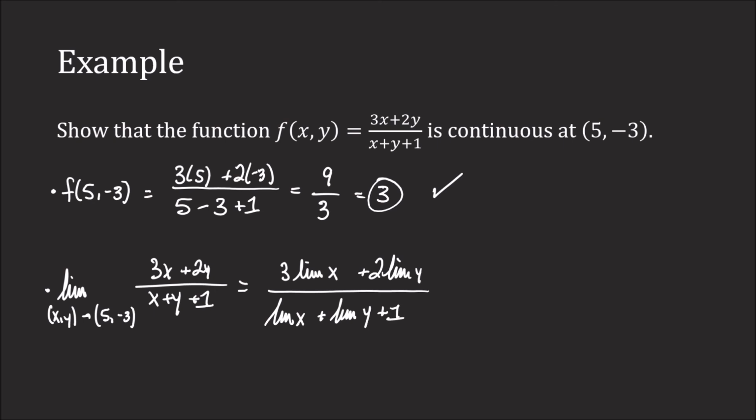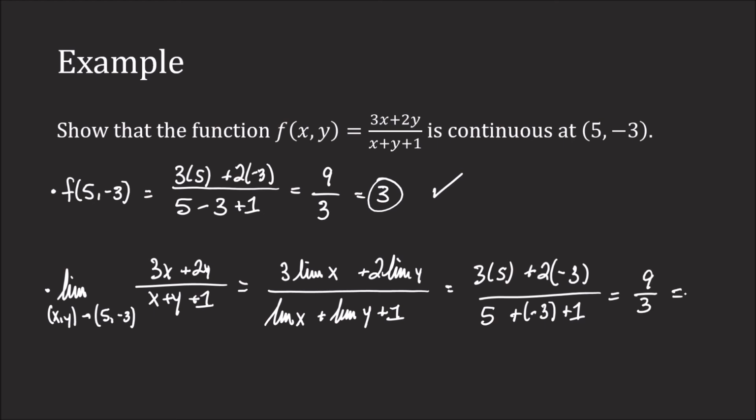Now remember, x is approaching 5, and y is approaching negative 3. So we get 3 times 5 plus 2 times negative 3, all over 5 plus negative 3 plus 1. And you'll see that this is 9 over 3, which is 3.